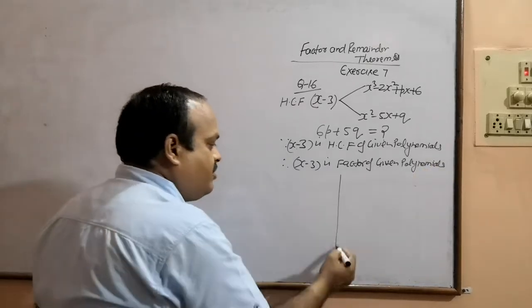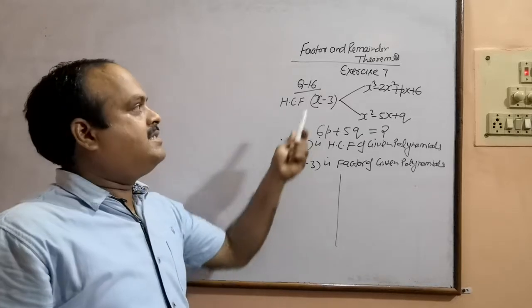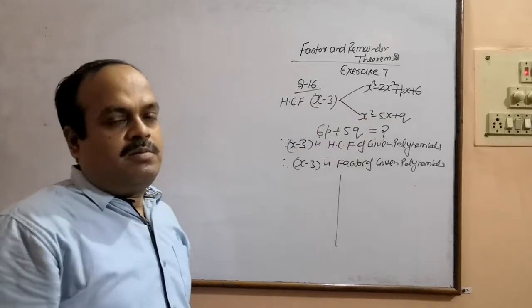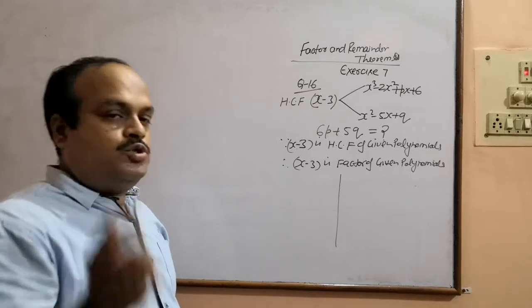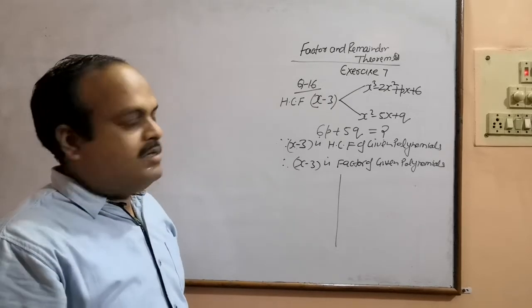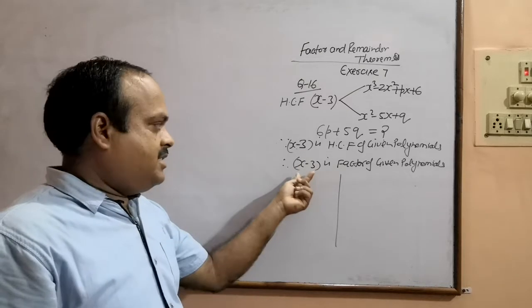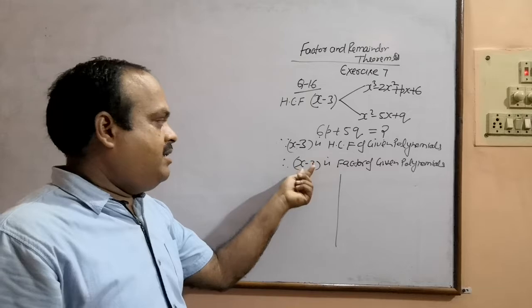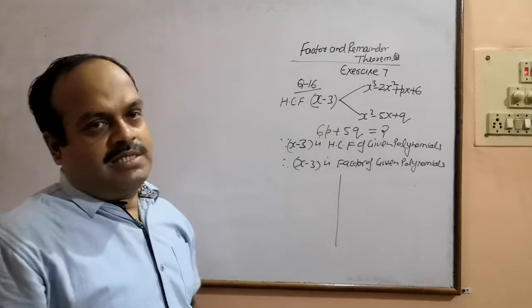So I hope you know, when x minus 3 is the factor of each of the polynomial, then the remainder will come 0. To get the remainder, we need to put the value of x, what we get from this when we equate this with 0 in these polynomials.